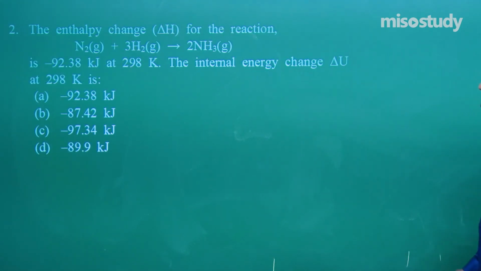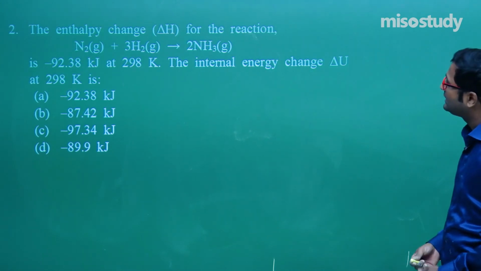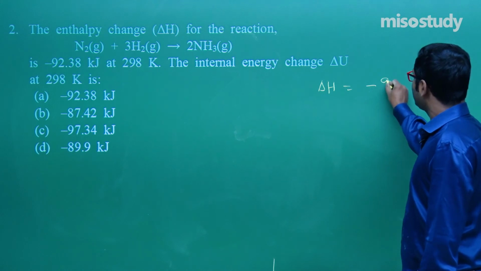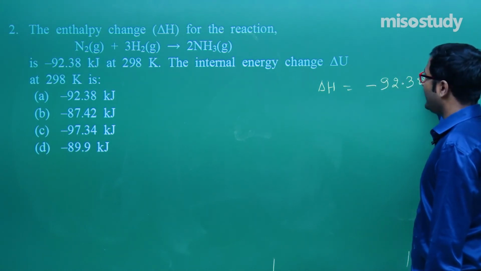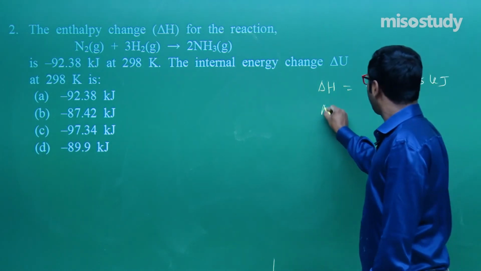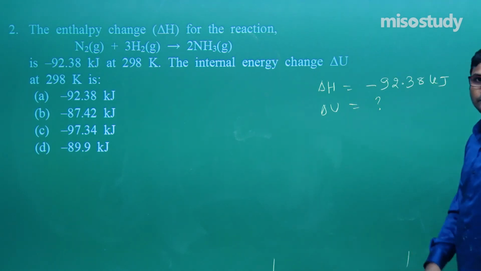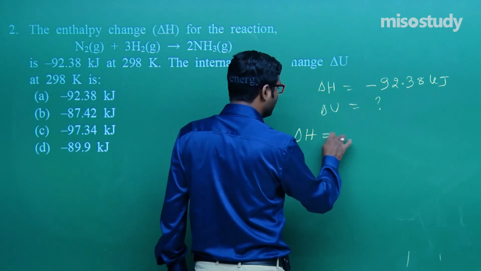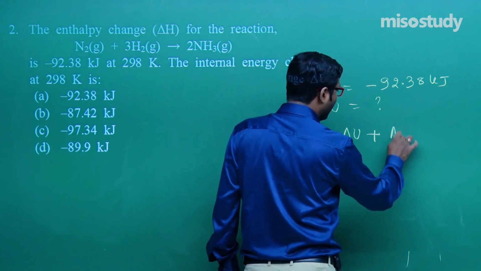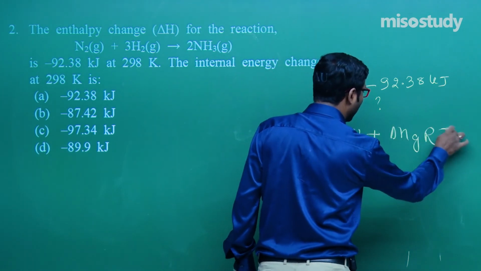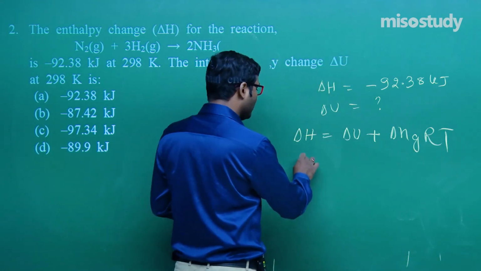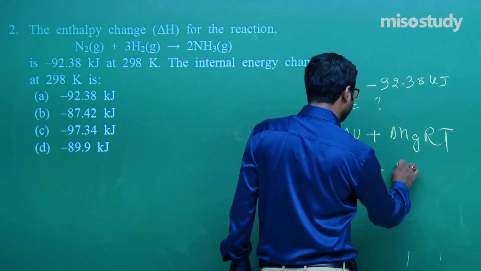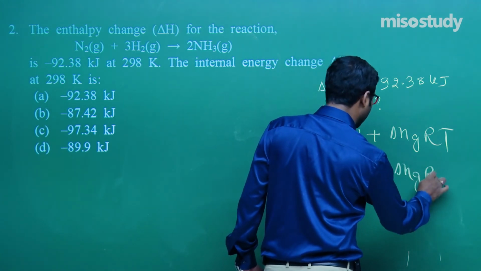The next one is the enthalpy change for the reaction, that is given delta H is equal to minus 92.38 kilojoule. We have to find delta U. Do you remember this question? As we know, delta H is equal to delta U plus delta ng RT. Remember, so delta U is equal to delta H minus delta ng RT.